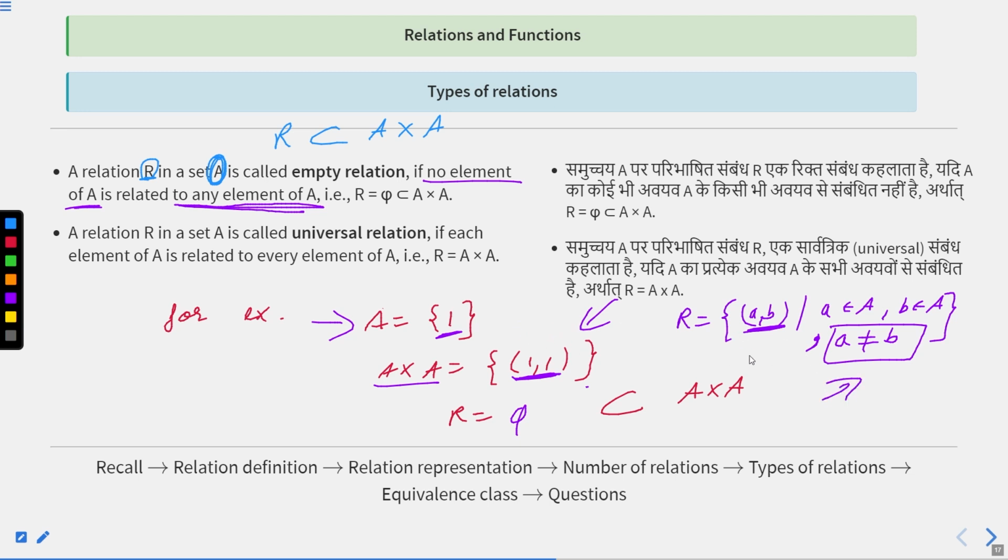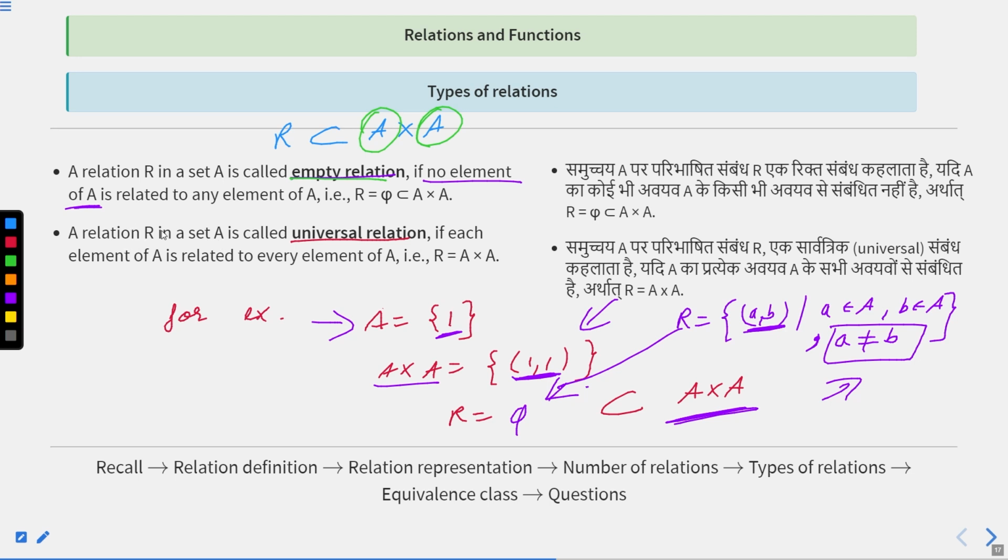This means R must be just the empty set or phi set, which is a subset of A cross A. So by definition it is an empty relation. I hope that it is clear to you. The important thing is that an empty relation is defined from A to A itself.